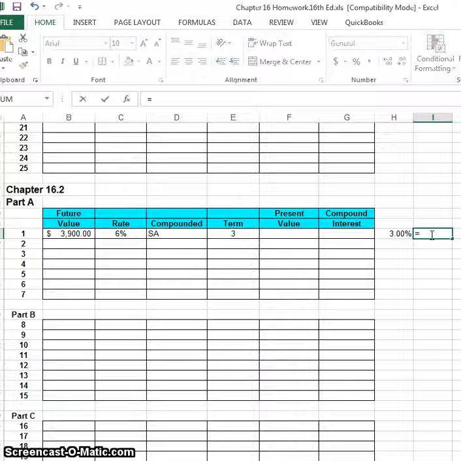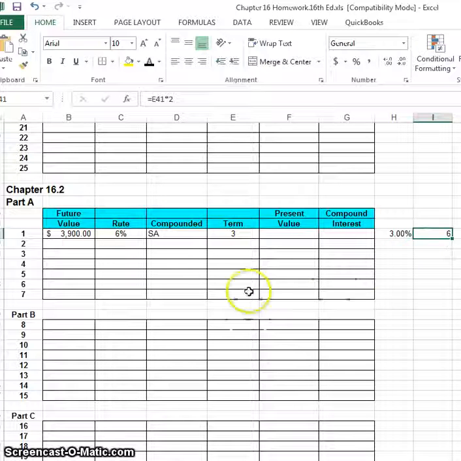Then go over to the term, 3 years, and we are compounded semi-annually, so I need to multiply the 3 years times 2. And so on the present value chart, you're going to be looking down the 3% column until you get to line 6.